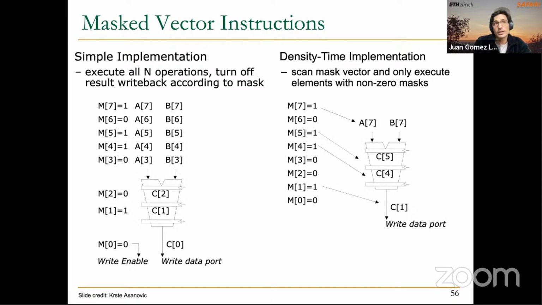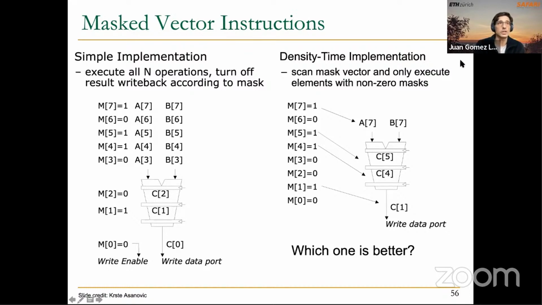Something smarter, let's say, would be to check the vector mask in advance, and by doing so we could even save execution cycles, because we would never start the computation, the multiplication, for example, for the operands that have the corresponding bit in the mask equal to 0, right? And this is what is called the density time implementation.